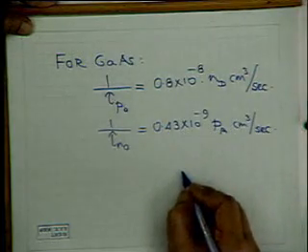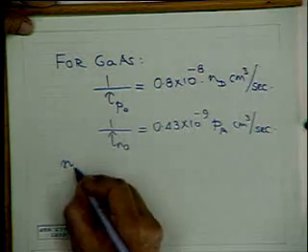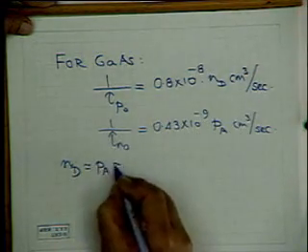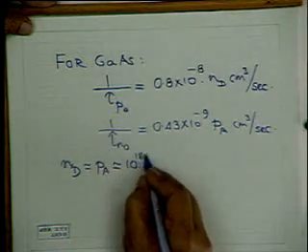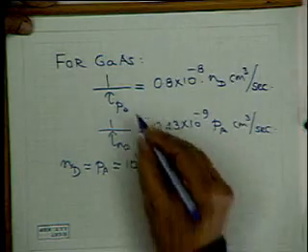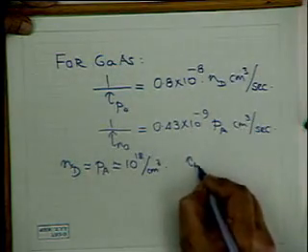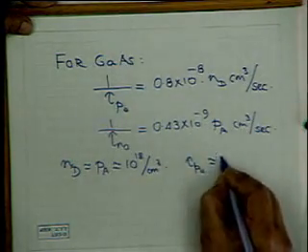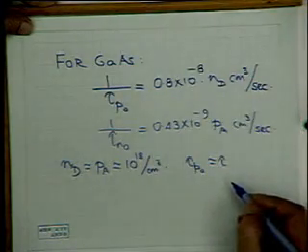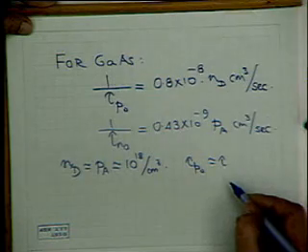Suppose we put in values, say, we assume ND and PA are of the order of 10 to the power 18 per centimeter cube. We can calculate these values, tau P0 and tau N0. There's a difference of a factor of about 5.